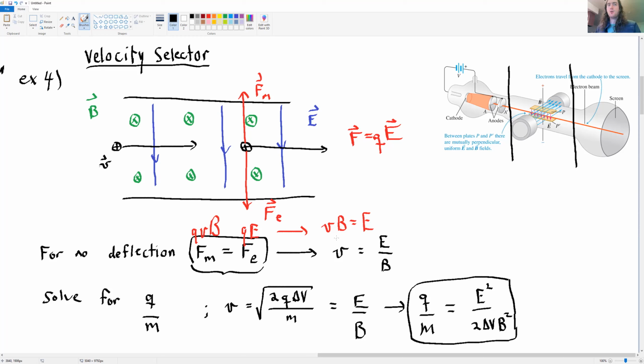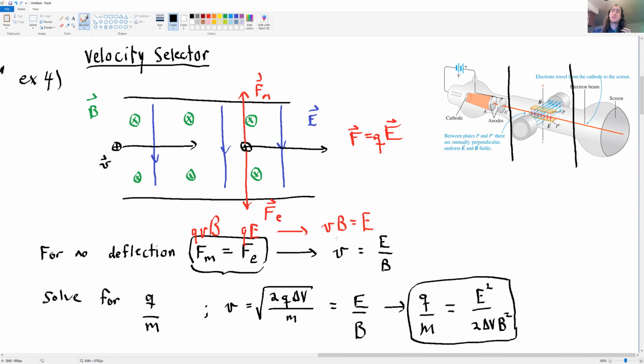Those charged particles will be deflected downwards or they'll be deflected upwards, right? Depending on whether the magnetic or electric force is bigger. If the particles are moving faster, then of course the magnetic force is going to be larger because the magnetic force depends on the velocity, right?